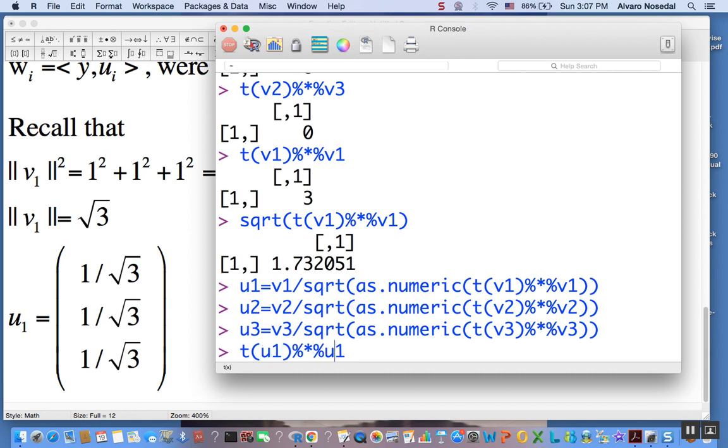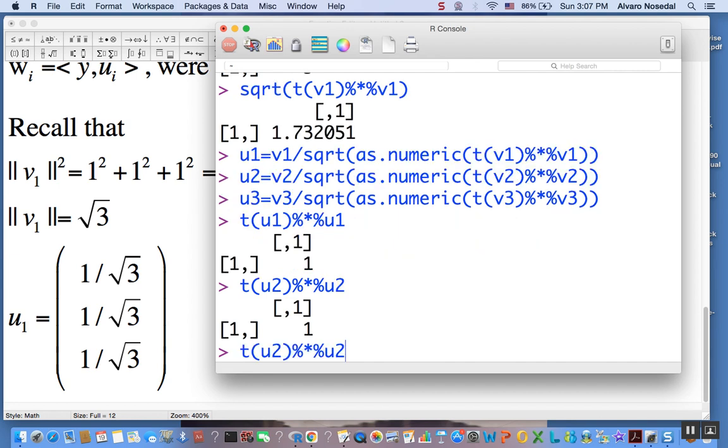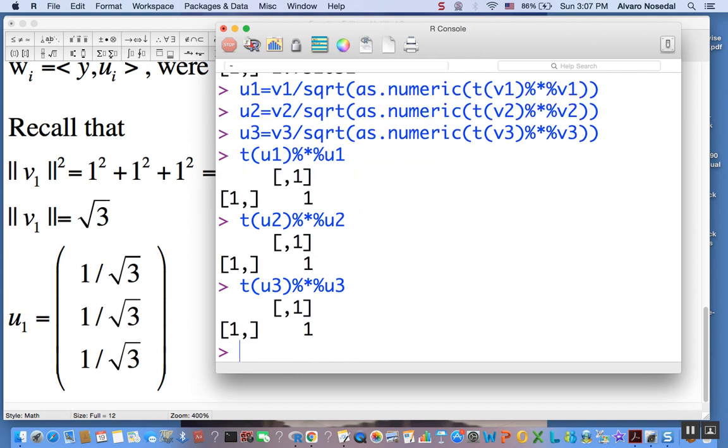We can check that the square norm of u2 is 1, and finally that the square norm of u3 is 1. So now u1, u2, and u3 are not only orthogonal.